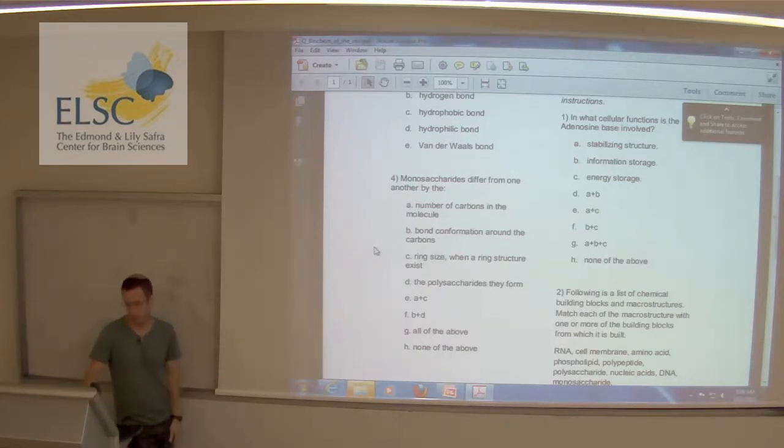You can have ring structures of different sizes, so C is also a relevant feature. And the polysaccharides they form: different monosaccharides build different polysaccharides as a principle. So A, B, C, and D are all true. All of the above, all these features can be used to differentiate different monosaccharides.